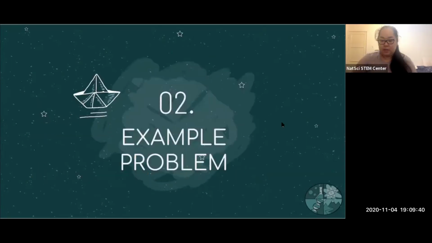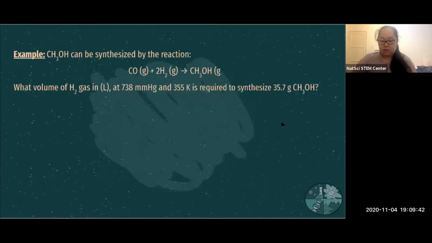So the example problem that we're going to first do is: CH3OH can be synthesized by the following reaction. So this is a balanced reaction that we've been given.